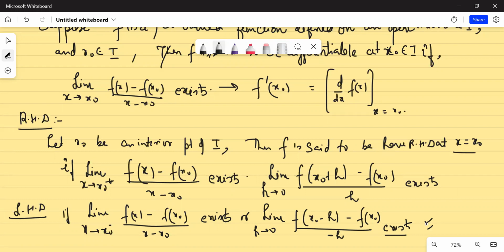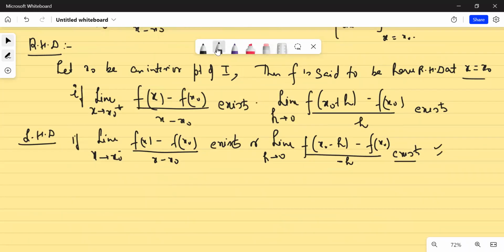And what do you mean by interior point here? Interior point is a topological term. You will learn all these things in your higher classes, but right now I'm just defining it vaguely, or in an easier fashion. What is an interior point?